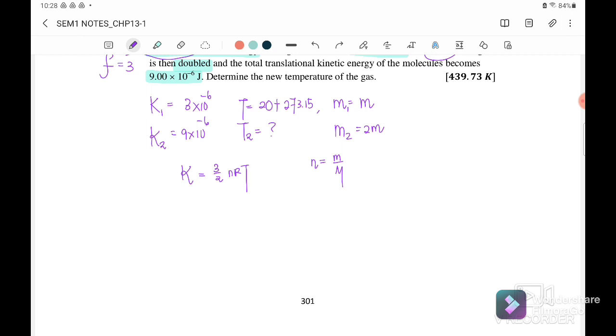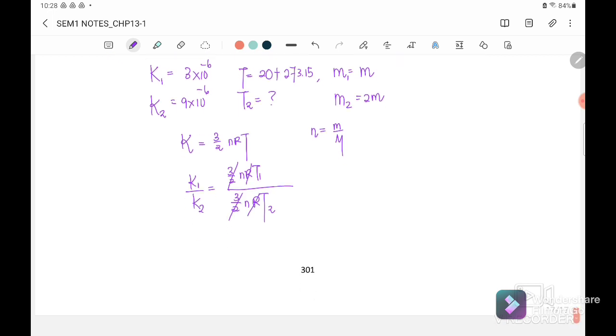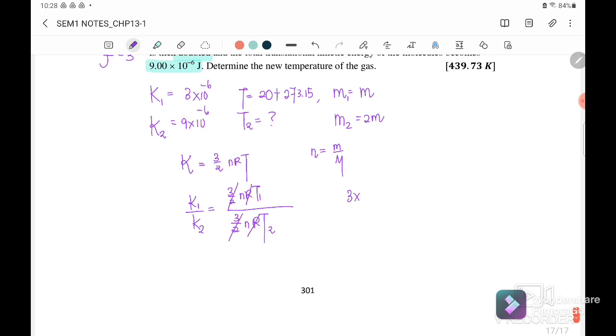Actually we can do it as a ratio because we have two cases. So K1 over K2 equals 3/2 nRT1 over 3/2 nRT2. The 3/2 we can cancel, R and R we can cancel. So K1 is 3 times 10 to the power of negative 6, K2 is 9 times 10 to the power of negative 6, and n is mass per molar mass. The first temperature T1 is 293.15, and n2 is M2 over molar mass.